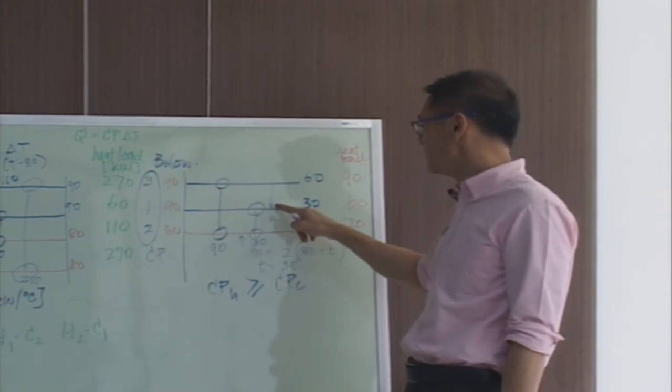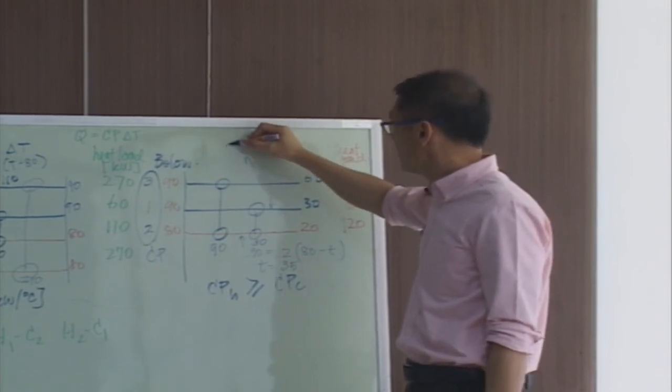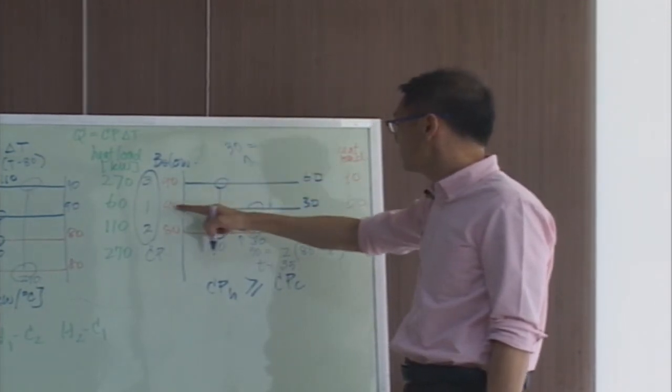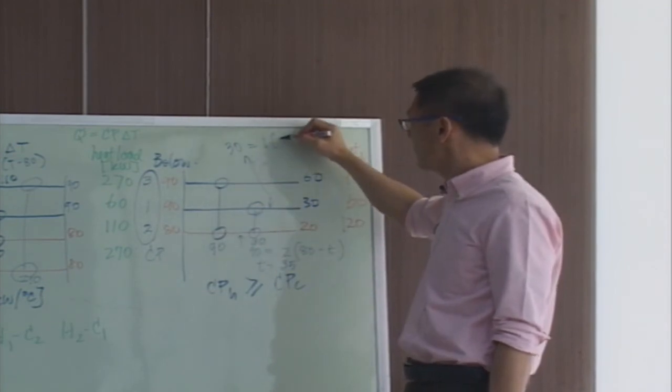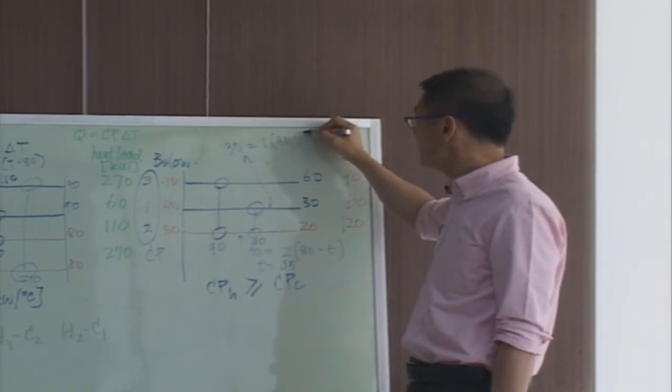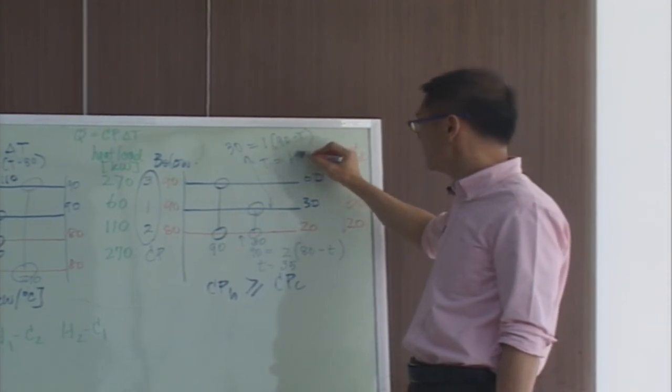So the temperature here will be from 30 equal to Cp on this stream line 1 by 90 minus T. So this T will be 60.